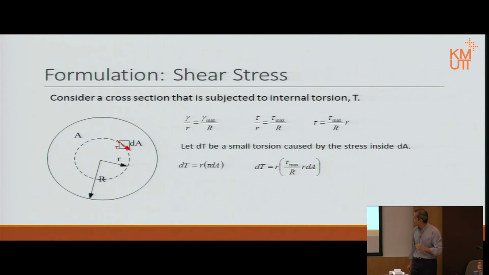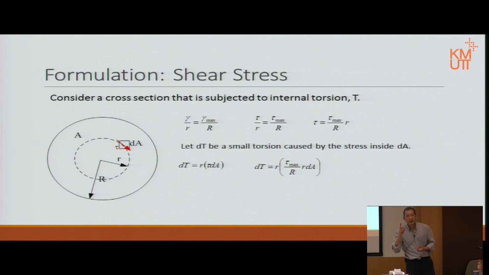And then we can change that tau, that small stress, because we're going to integrate it. We know that the shear stress varies with radius. When we move the dA around, the radius changes, meaning tau changes. The r is also the same, as I just said. Therefore, r and tau are variable inside the integration over the total area, whereas tau max and capital R only indicate what happens at the outer surface.